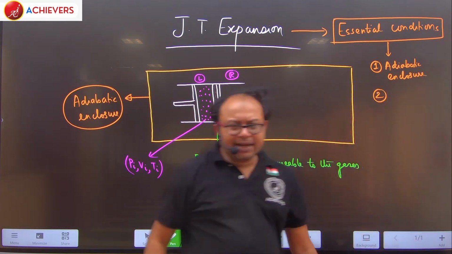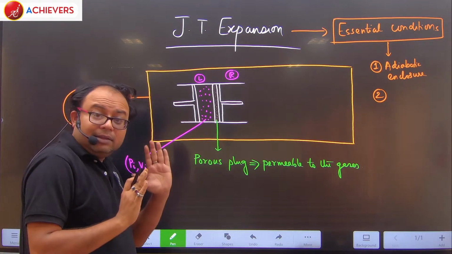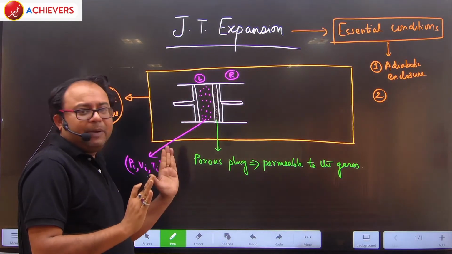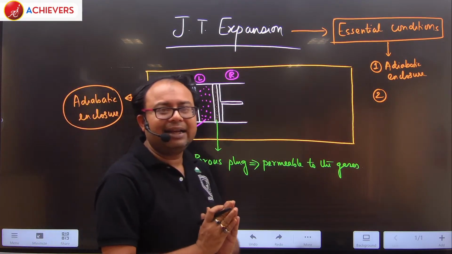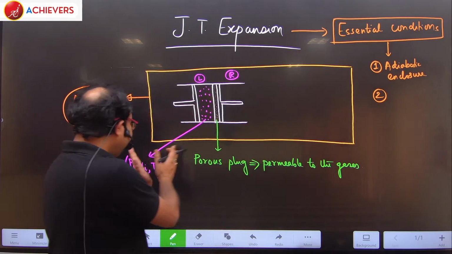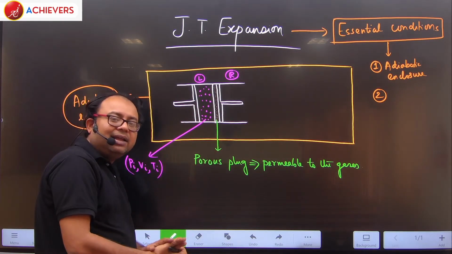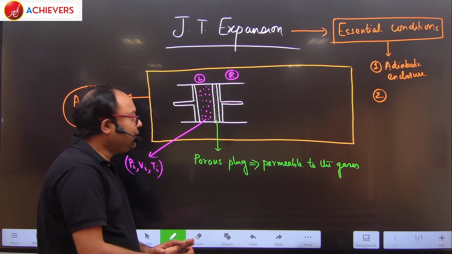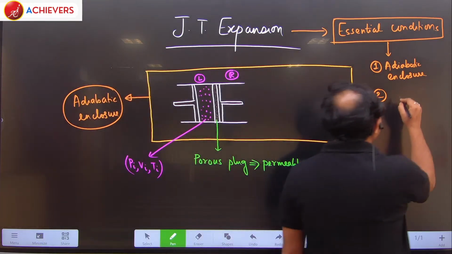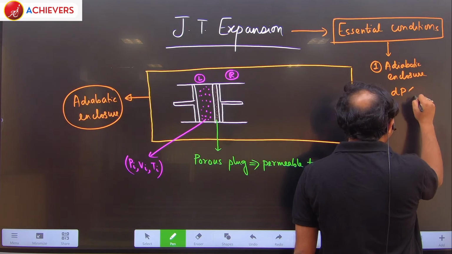And what is the second condition? The second condition is the left hand pressure should always be greater than the right hand pressure, or the left hand initial pressure Pi is always greater than the right hand pressure. So dP is negative.